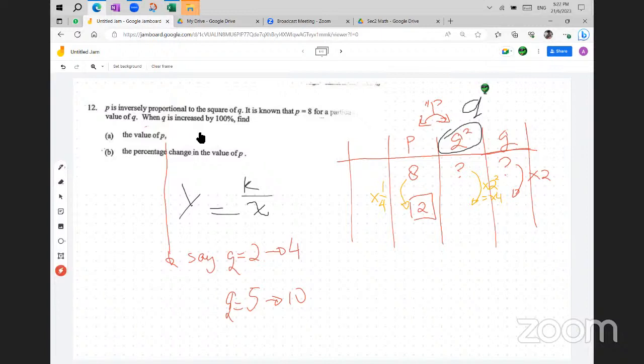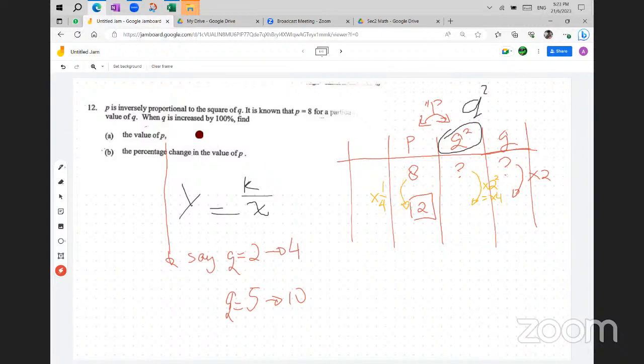Let me go through the steps one more time. Since Q is times 2, Q square must be times 4. So far, so good? Since Q square and P are inversely proportional, some people will say this is times 4, this is divided by 4. I would prefer to call that times 4, therefore times 1 over 4. But which one do you like? Times 4, therefore divided by 4, or times 4, therefore times 1 over 4?